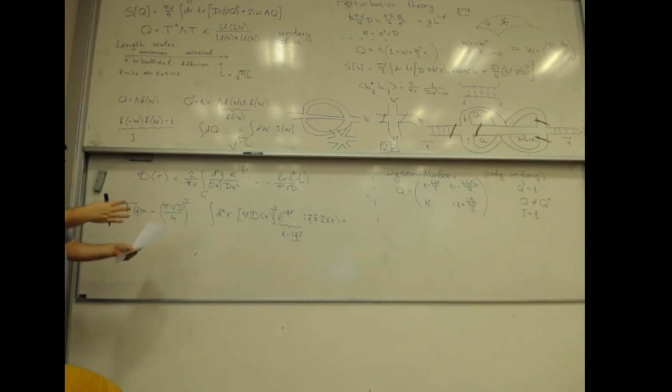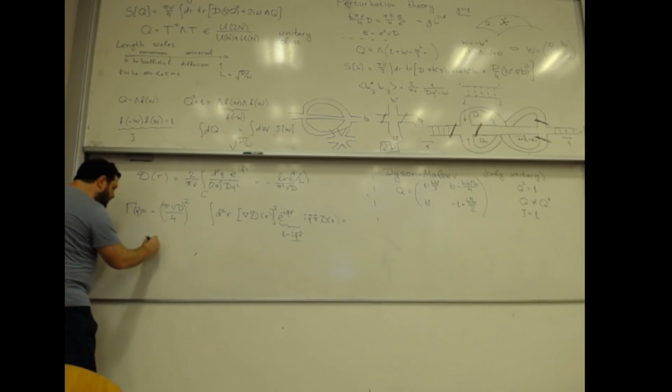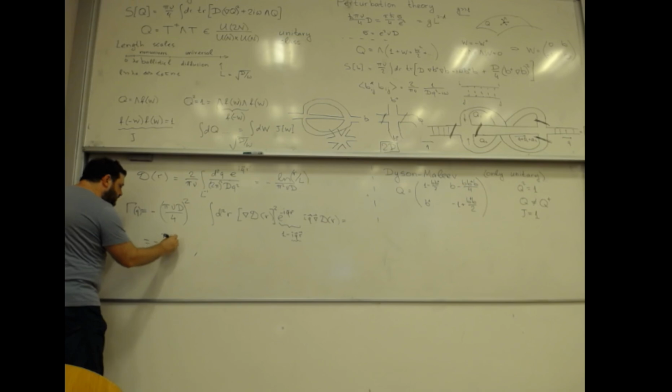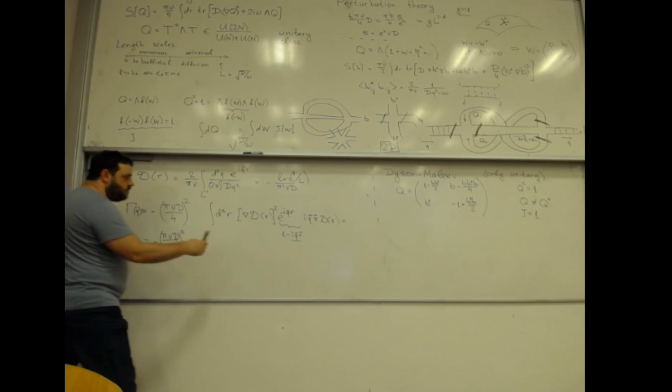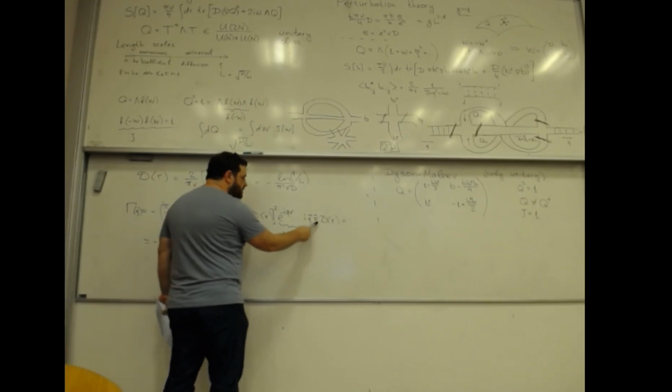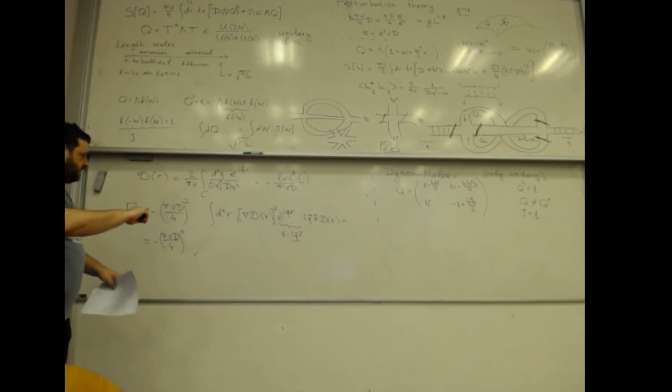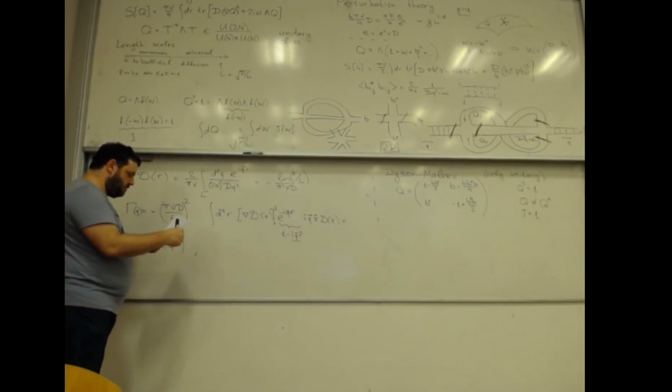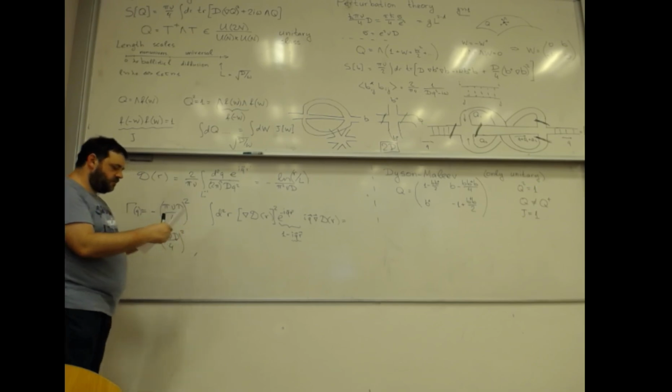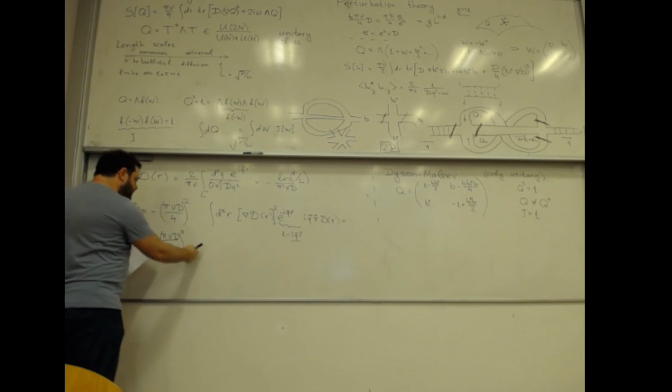I can do it from the board: minus pi mu d over 4 squared. Then we have q times q lambda. So actually I do have some details.